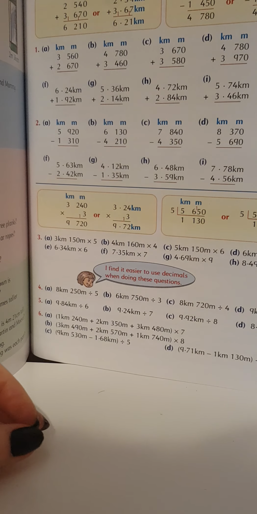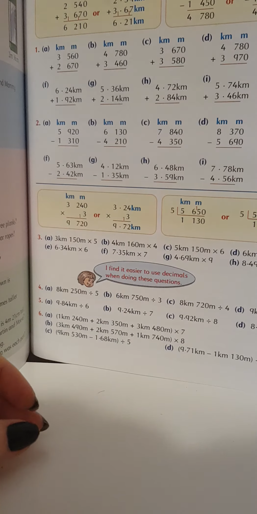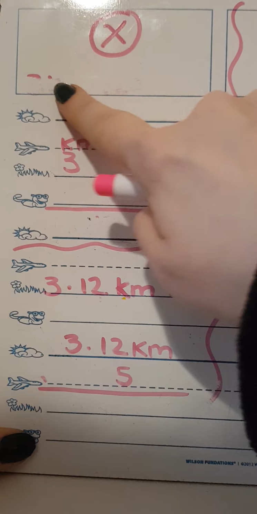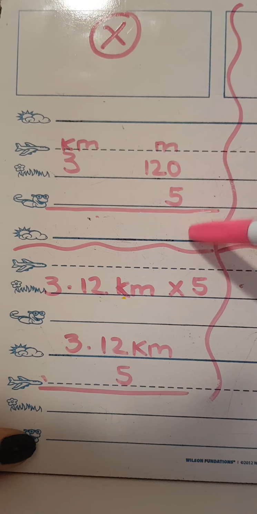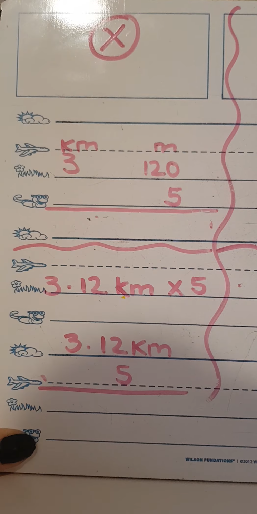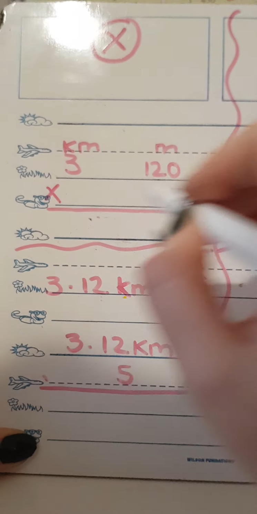To write that as a sum, you write it like this. Keep the kilometers and the meters separate with a big gap again, and put in multiply here.